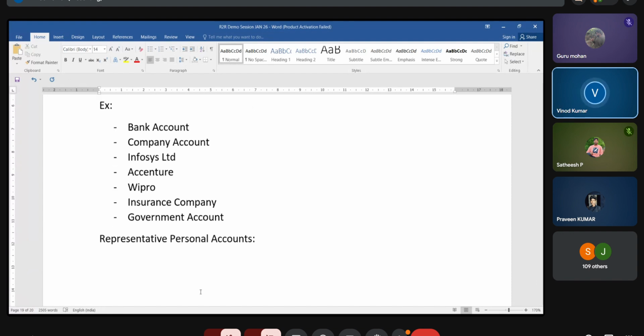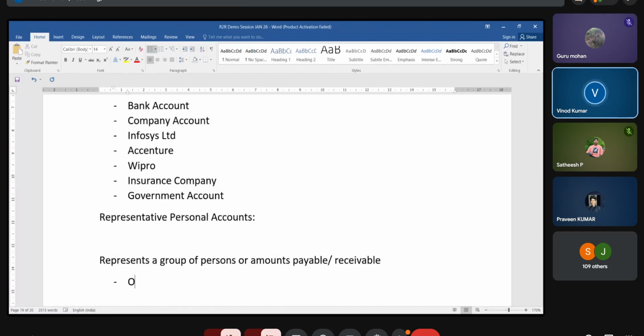It represents a group of persons, or amounts payable or receivable. Representative is nothing but the total amount payable or receivable. Example, your outstanding salary is a representative account.